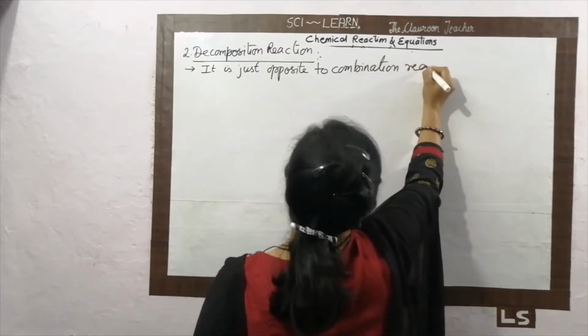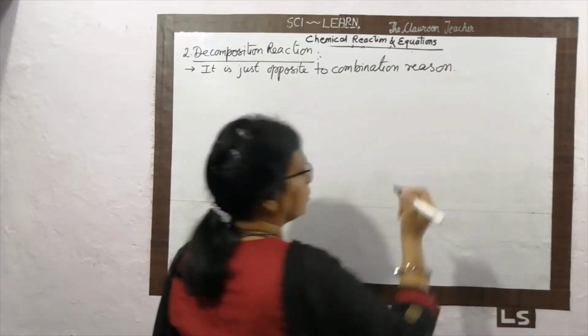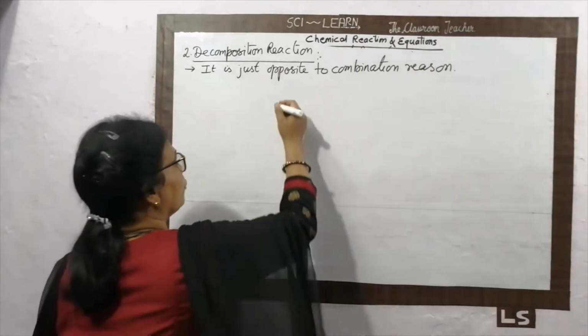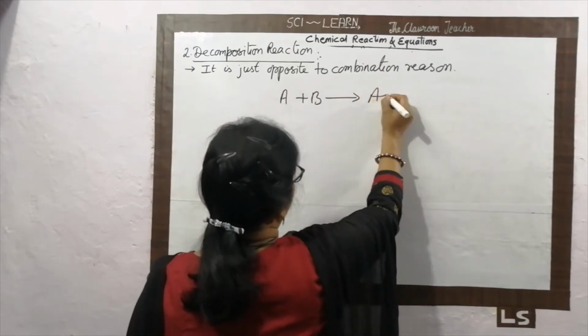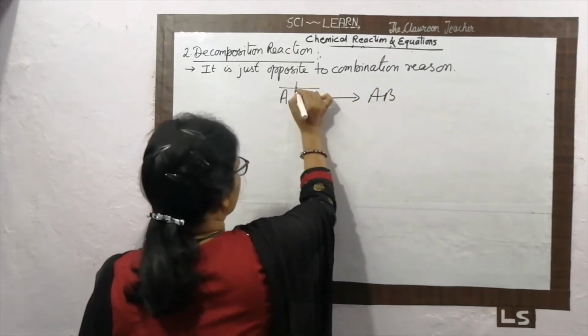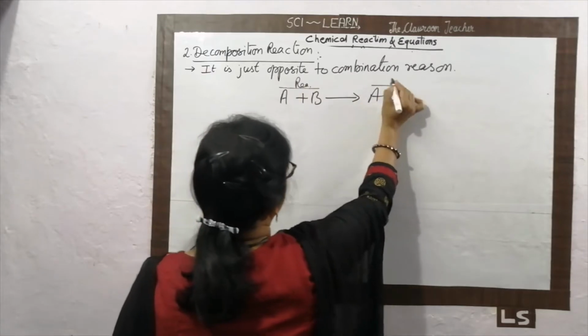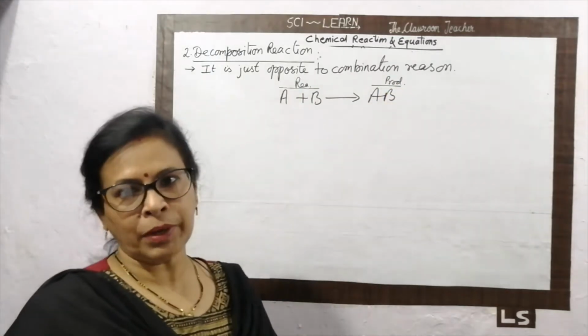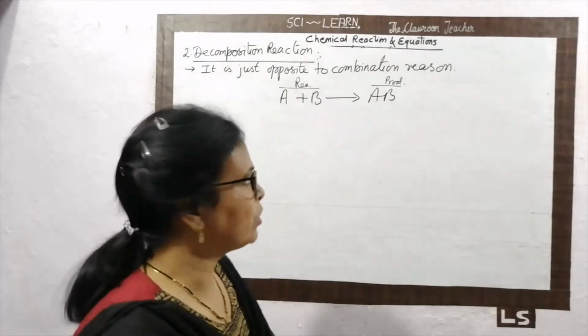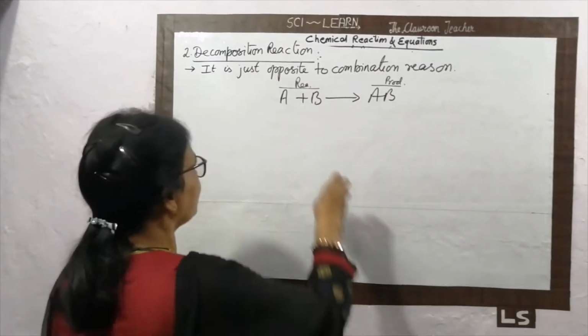Now what is the combination reaction? I am going to remind you, when A combines with B, it forms AB. In a combination reaction, this is the reactant and this is the product. I am going to change the place of the reactant and the product.